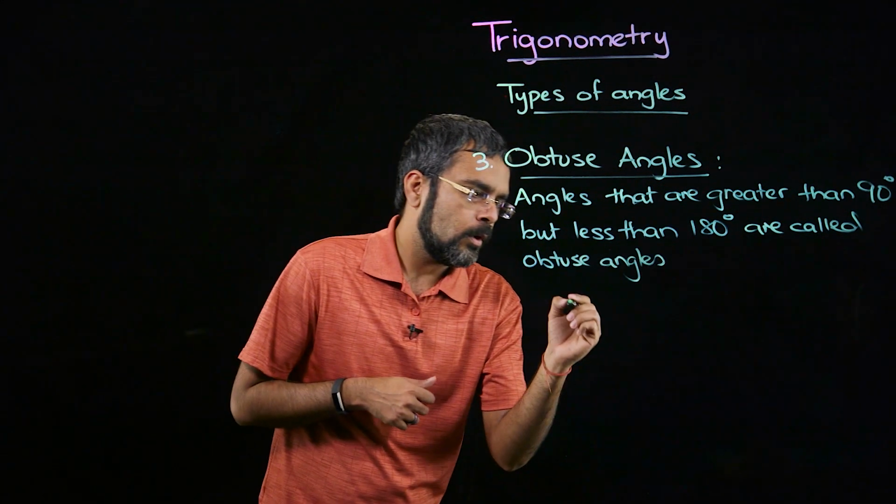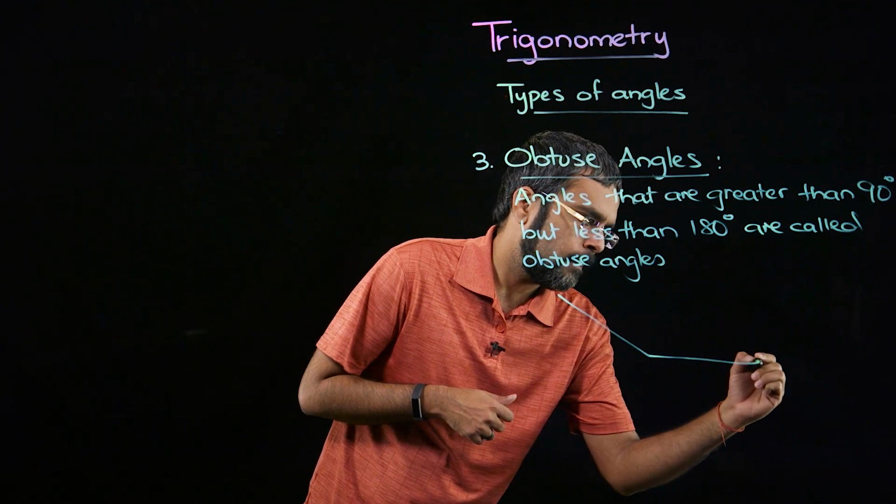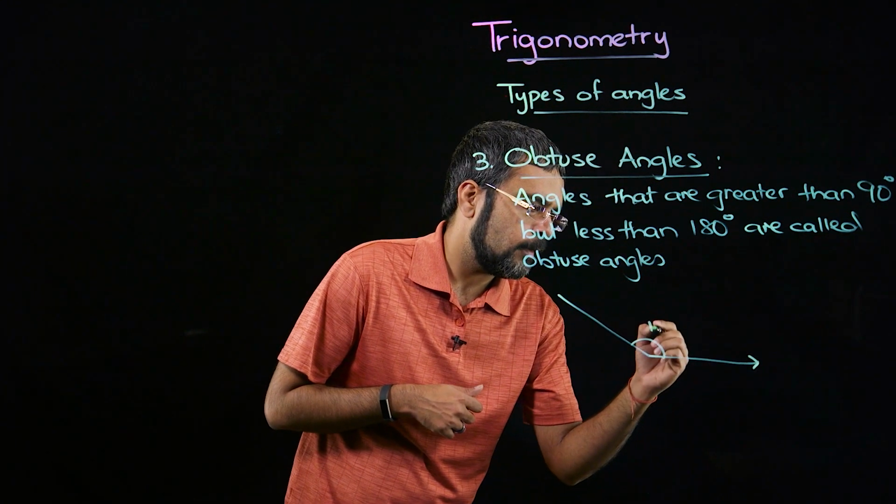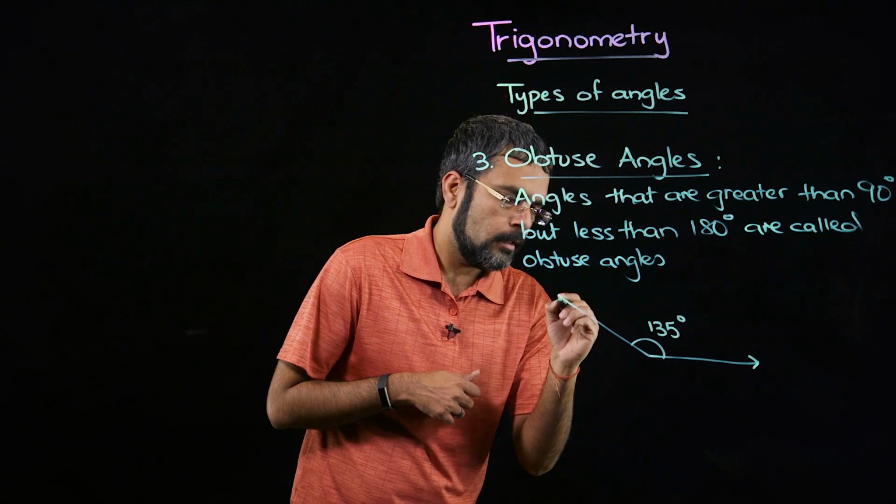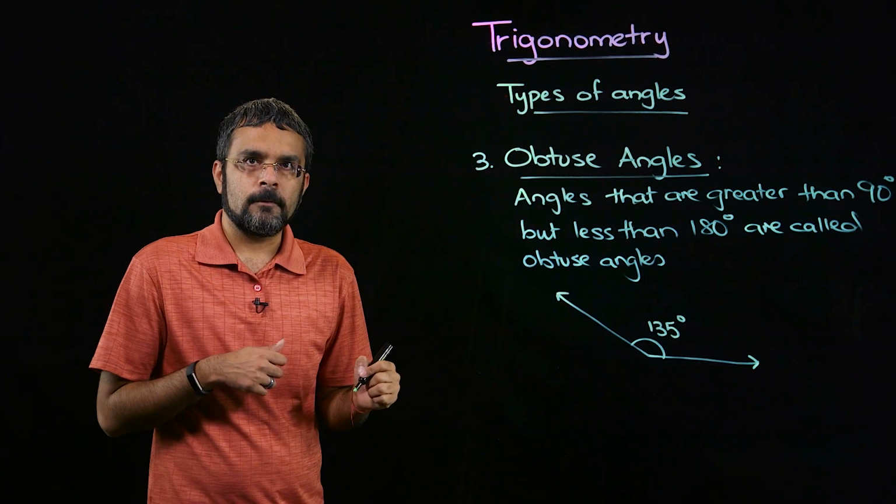Okay, so they would look something like that. So let's say this was 135 degrees, then that would be an obtuse angle.